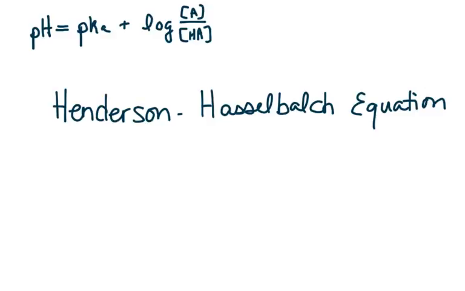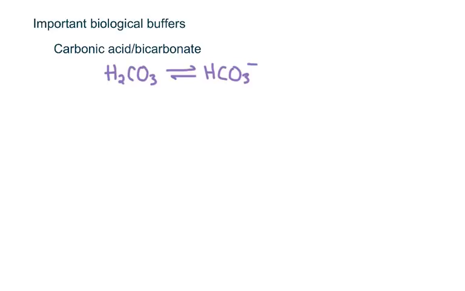So we will, especially in lab, look at situations where we're calculating pH and pKa, or we're trying to prepare buffers and pick the best concentrations for buffers, or monitor how changing these concentrations will impact the effectiveness of our buffer.